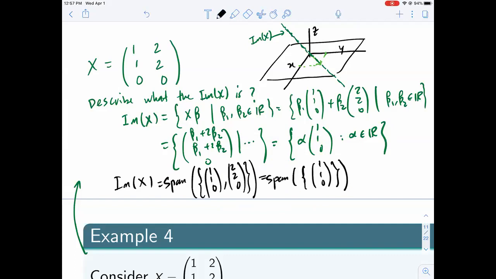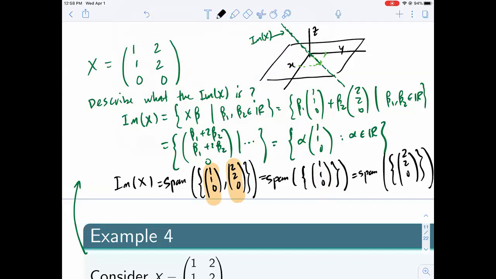Anything you can write as a linear combination of these two is just a multiple of this one, so it's just the span of that. Equivalently, it could be (2, 2, 0), or any other vector in that direction.